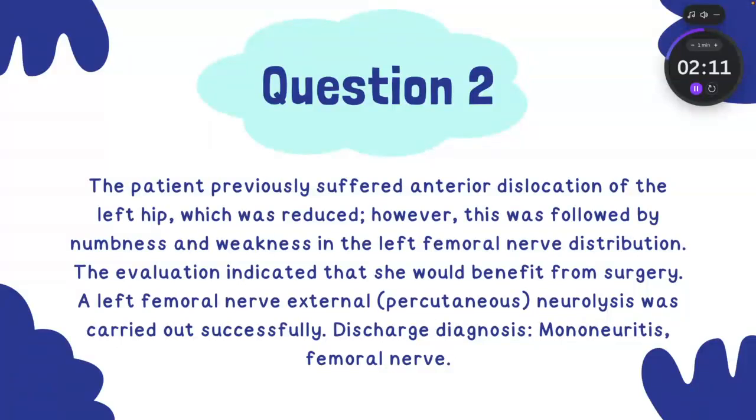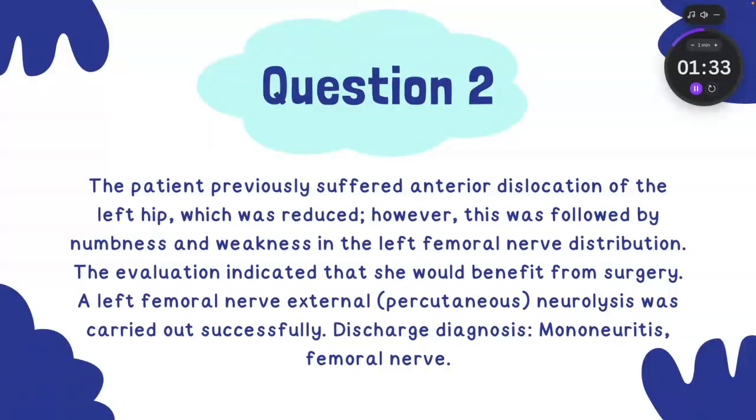All right, I see that most of you have finished coding, so there was something that I wanted to call out regarding this scenario. Dislocation is not coded. It's a previous condition, no longer being treated. As such, the mononeuritis is a late effect of the dislocation.